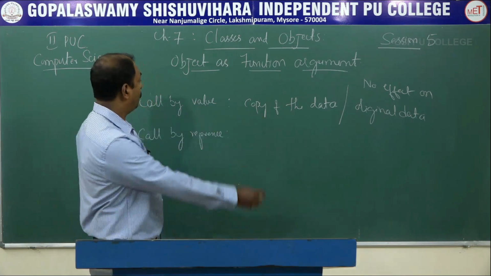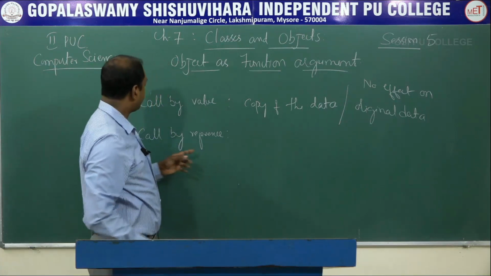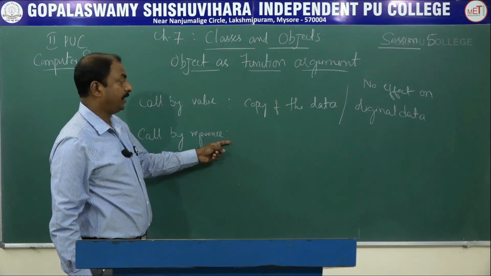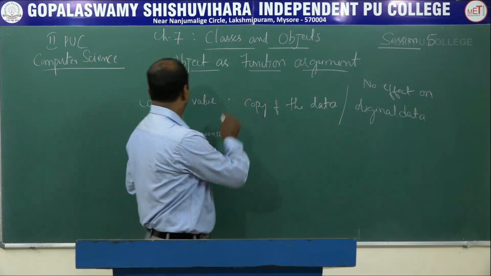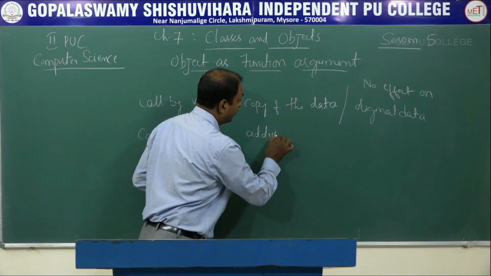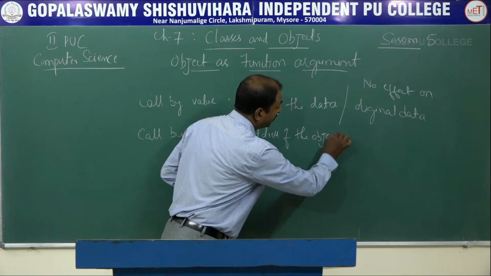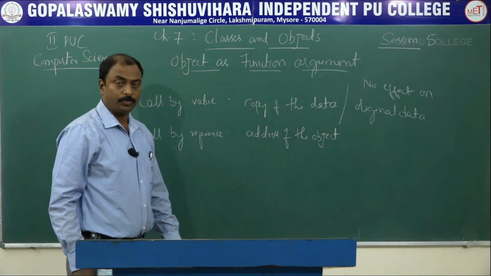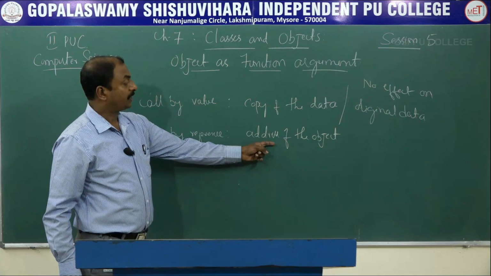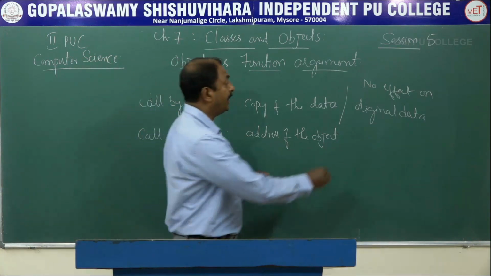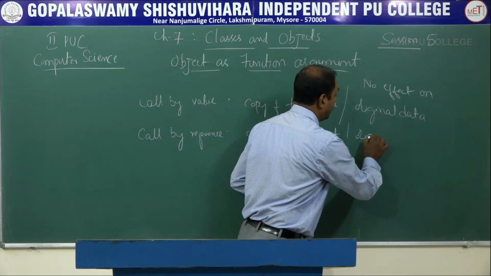On the other side, in call by reference method, it works with the address of the object. As it works with the address of the object, it works with the original data.